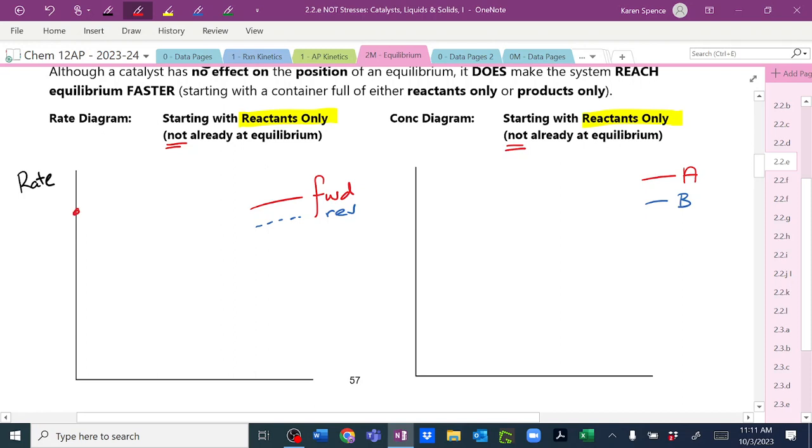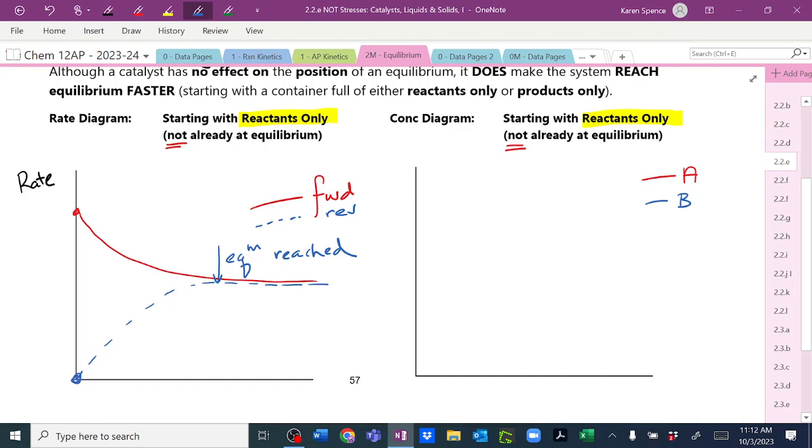High. Where should the reverse reaction rate start? Low. That looks better.